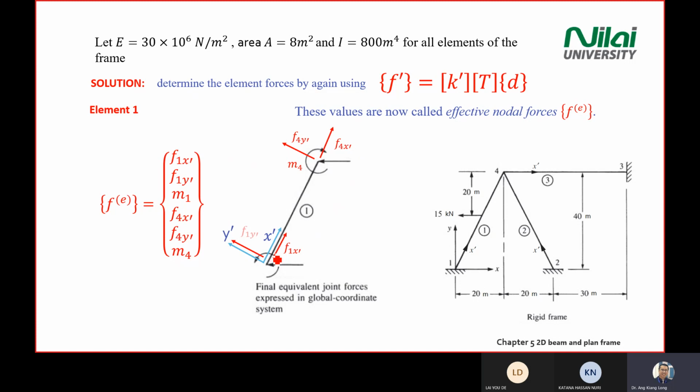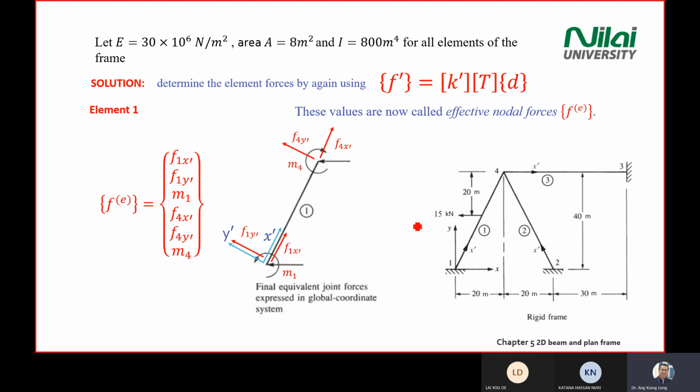All right, I made a remark on the screen here so that you understand what all these values you find for element number 1 are. So you have F1. Be careful on this, especially on the axis. So this is x prime, which is along the element itself.